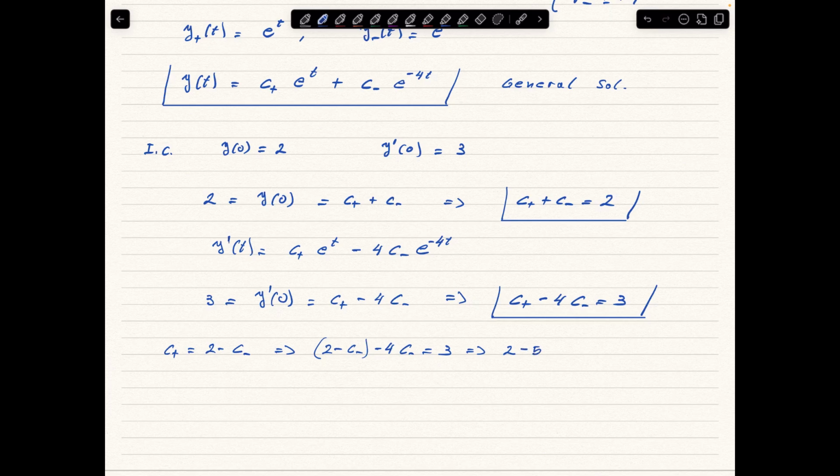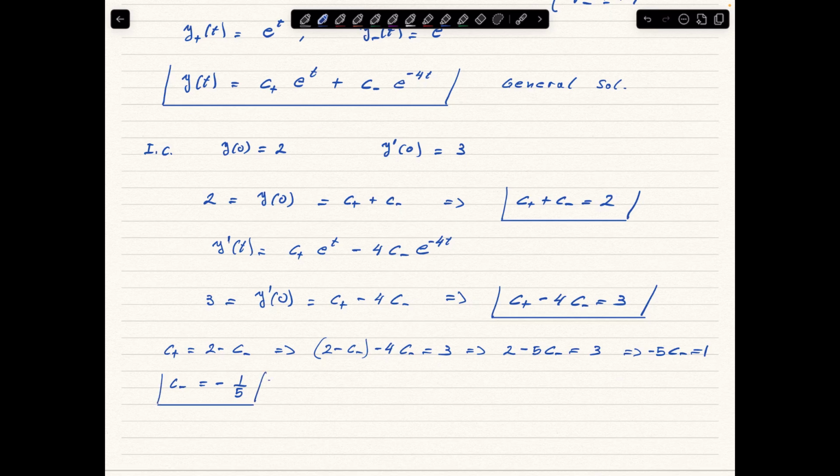Negative 5 times c minus equal to 3 minus 2. So which means that negative 5 c minus has to be equal to 1, and from here we get that c minus is negative 1/5.